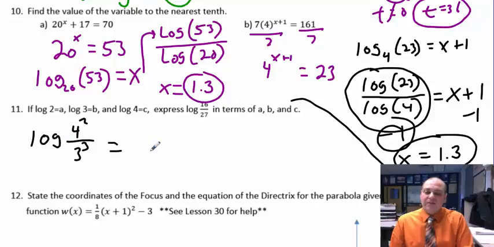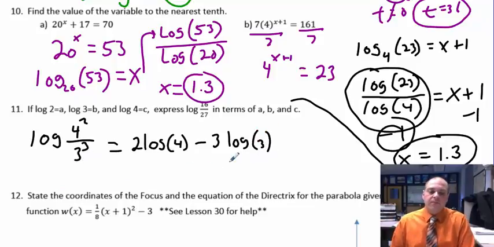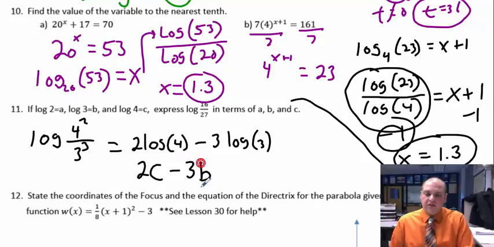Now I can expand this out. 2 log of 4 minus 3 log of 3. Remember that exponent comes down in front of the log. 2 log of 4 is c, so it's going to be 2c minus 3, and then log of 3 is b. So 2c minus 3b, just making the substitution there.